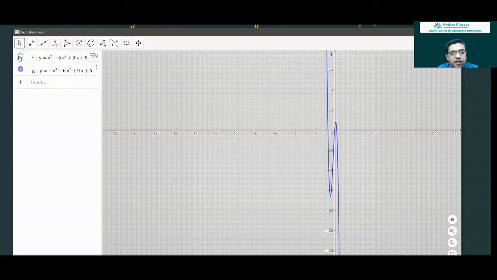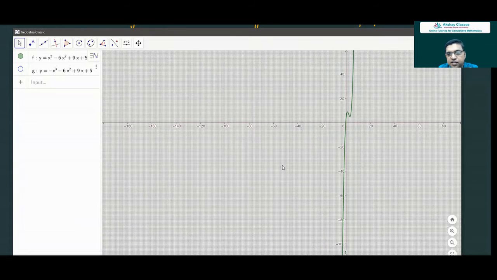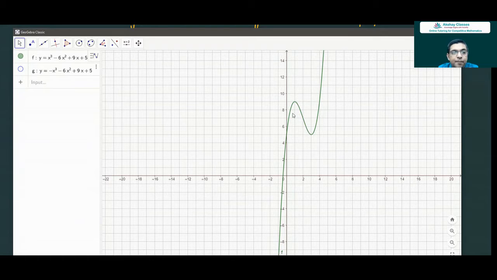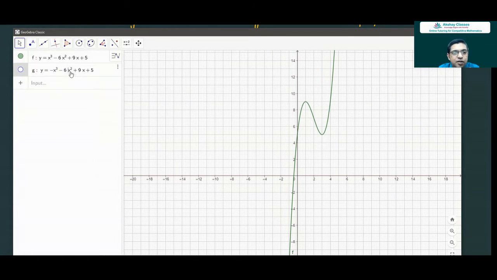If I change this way, it is like this. So if you have some idea of these graphs, it will be very, very useful.